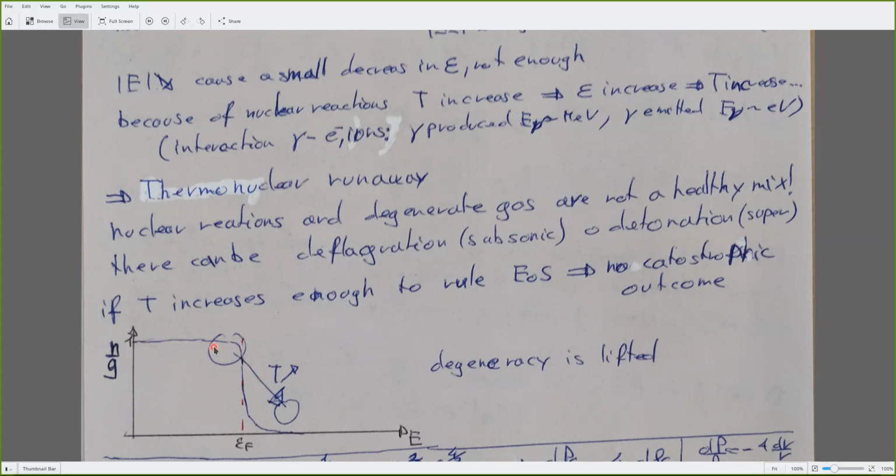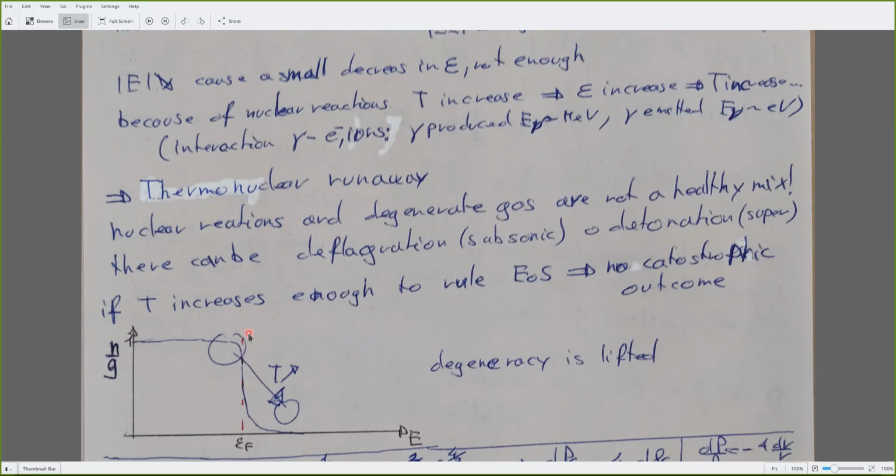So we start to move some part of this distribution and change its shape, up to a situation where it starts to be more similar to the Maxwell-Boltzmann distribution, the exponential. So the degeneracy is no longer so strong. That means the equation of state starts to be similar to the one for the Maxwell-Boltzmann situation.